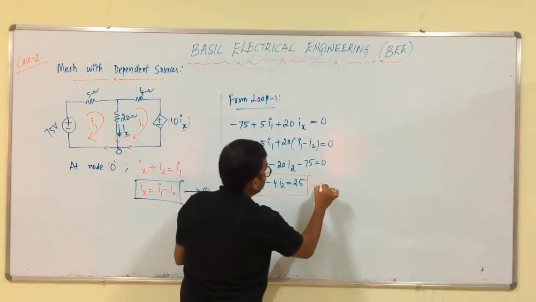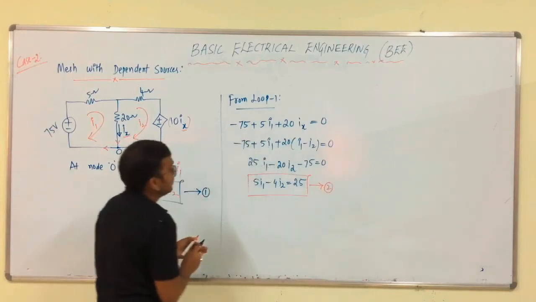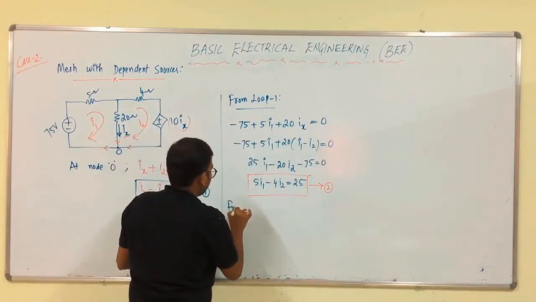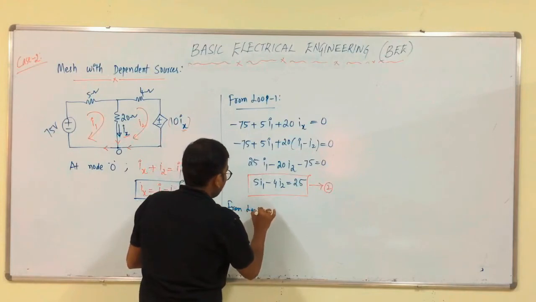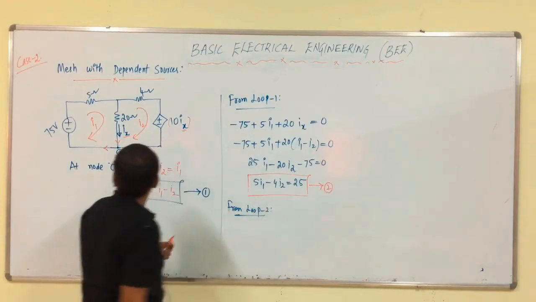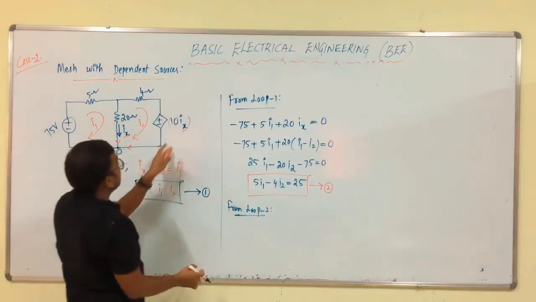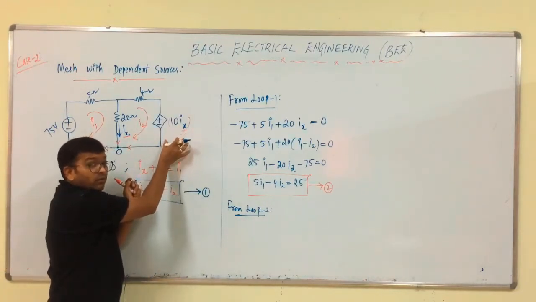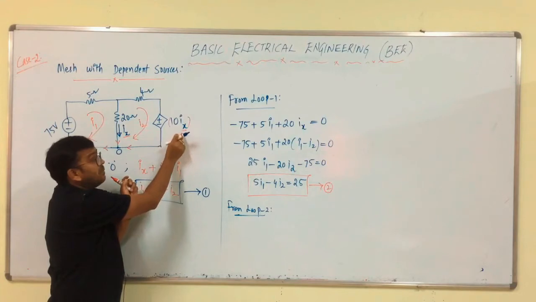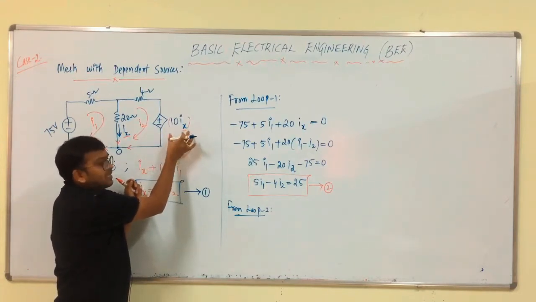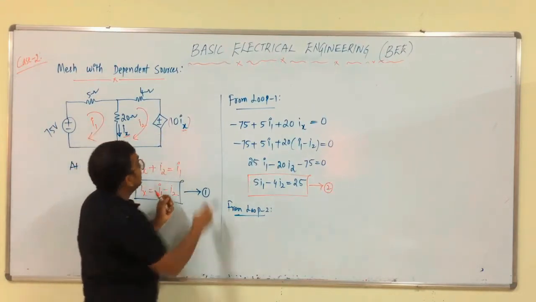This is equation 2. From loop 2, you have to write that KVL. So, starting from here, this is nothing but the voltage value. Remember this: this is a current dependent voltage source. That is why 10 Ix is nothing but the voltage value. That is plus minus.